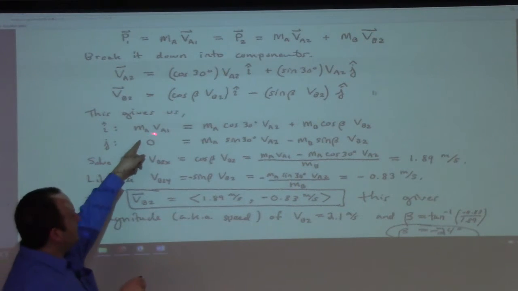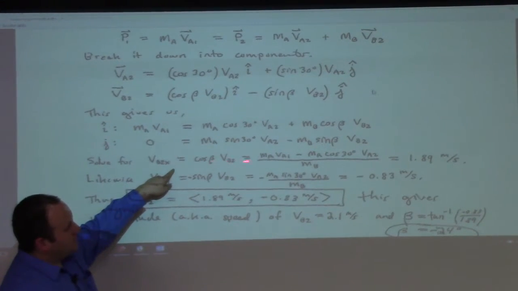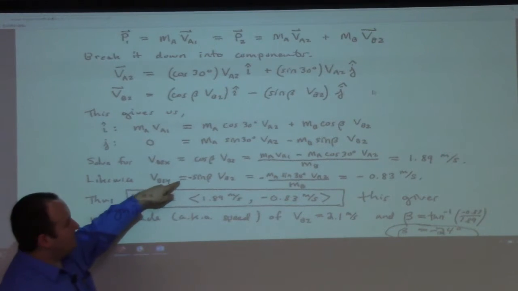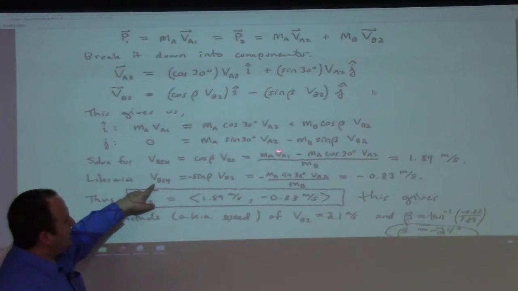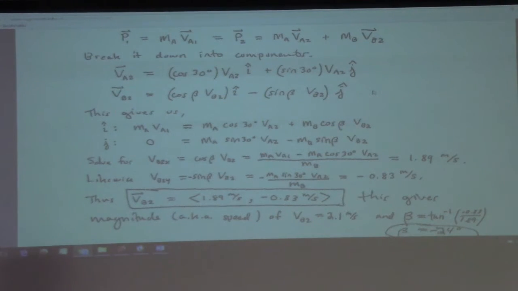Everything here is given except for this term, so I can solve for it. I can solve for cosine beta times v2. I get 1.89 meters per second. VB2y, that's this thing. I can solve for that also, and I get that. So I know VB2 is equal to this, and then I can use trigonometry to figure out the angle and magnitude.